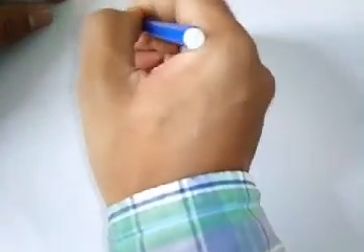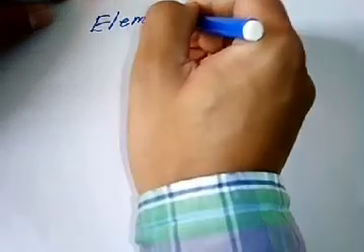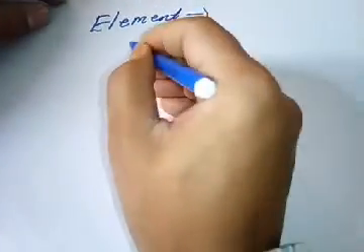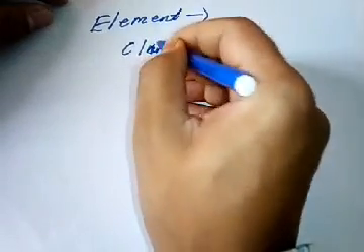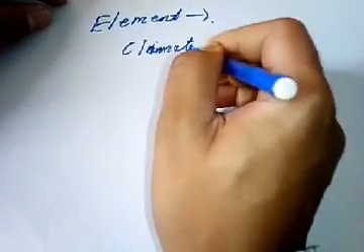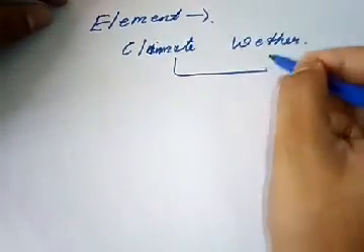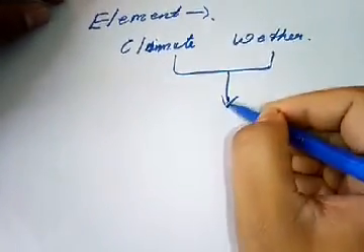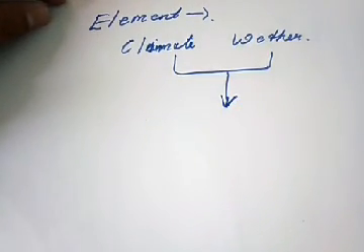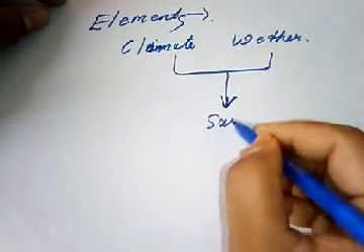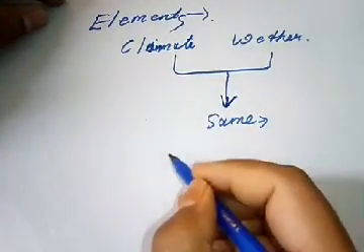So what are the elements of climate and weather? It is significant to say that the elements that determine the climate and weather are the same. So what are those elements?